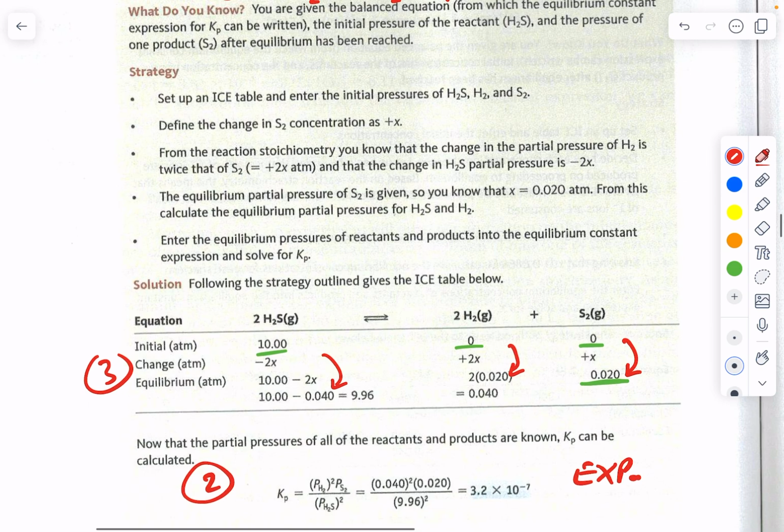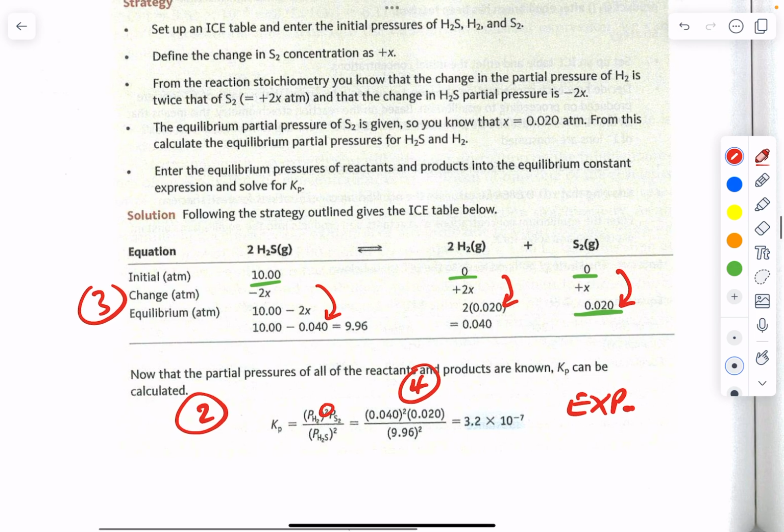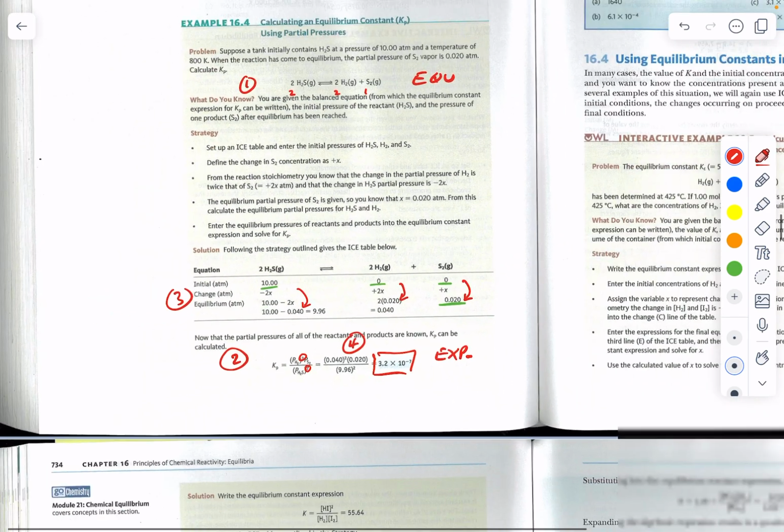Then I can take those values and plug them into the equation and grind out the math, making sure I have my exponents that came from the coefficients. And now I have my Kp instead of my Kc. That's my equilibrium constant expression for this equation where all the reactants and products are gases.